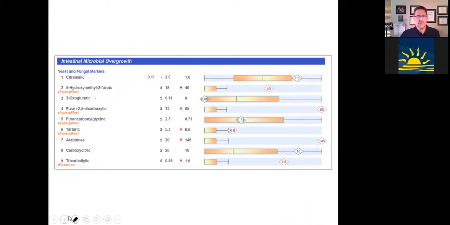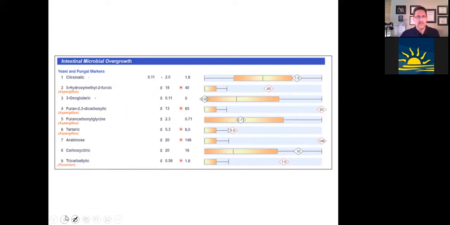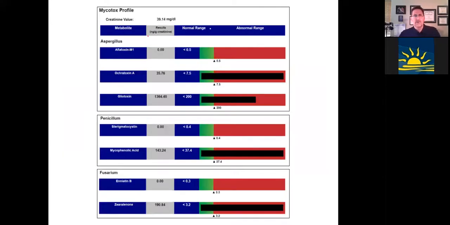Let me go forward a little bit on this particular case. In this individual, we also see elevations of various mycotoxins.